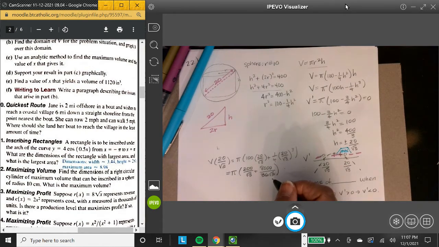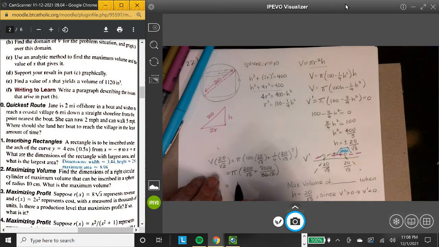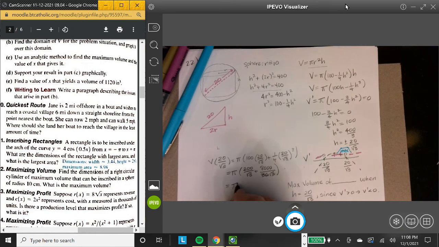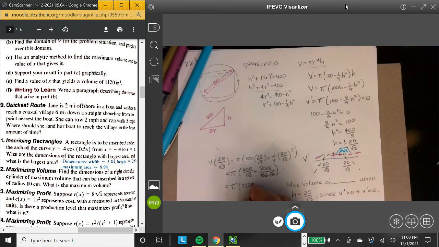Okay, let's see if that's right. That's 100 times that minus 1/4 of that. Okay, so when I add like terms here, I got to multiply 2 times 36, right? Let's do it. 200 times 36 is 7,200. So this is pi times 7,200 over 36 root 3 plus 8,000 over 36 root 3.